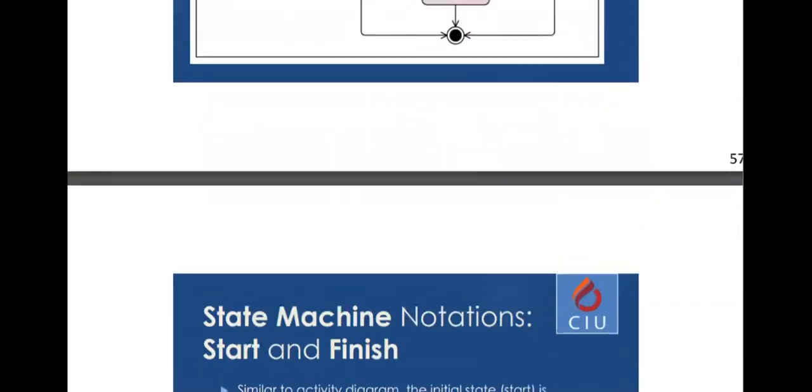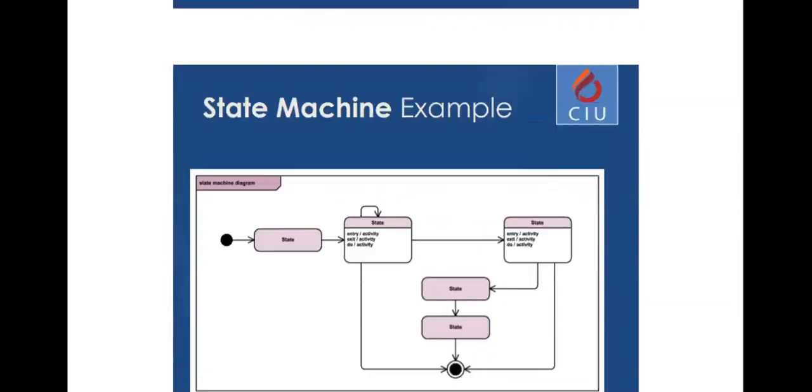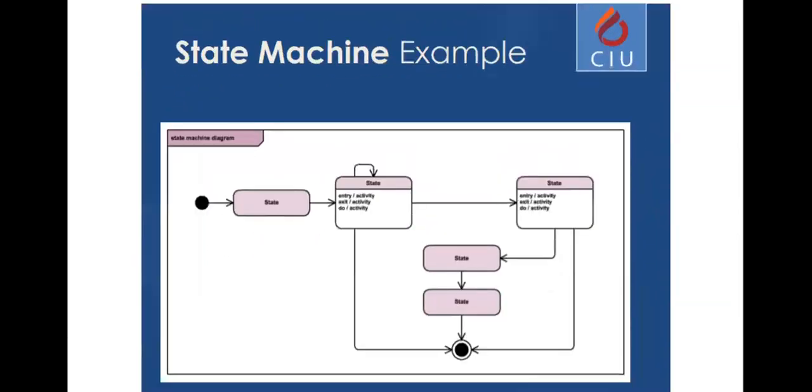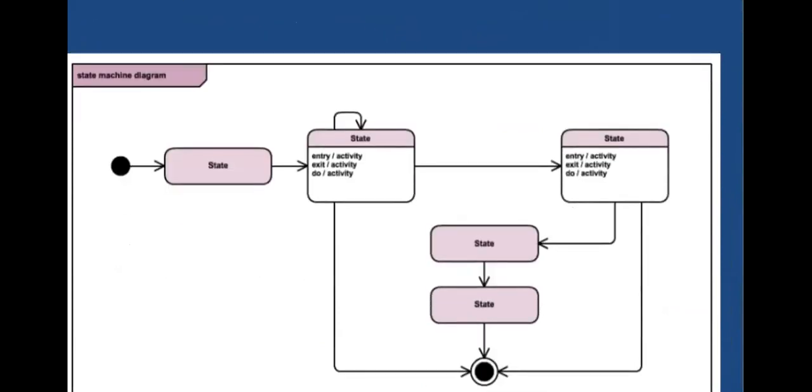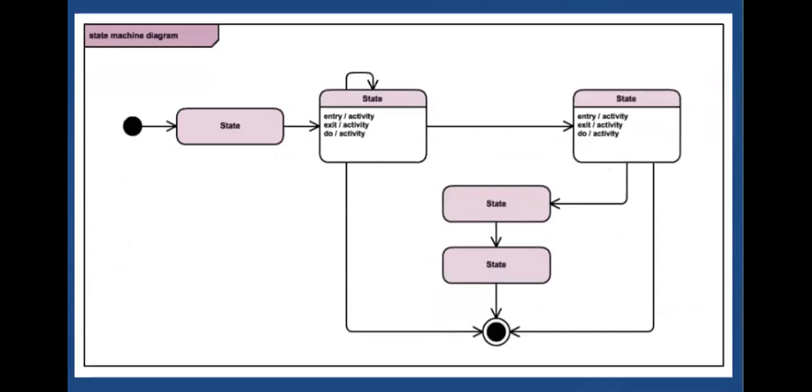When you draw these diagrams, something like this will come out. We can zoom in to see it perhaps better. So this is just an example, as you can see. Within this example, the state machine diagram has a start point where the execution starts, similar to a flowchart template.